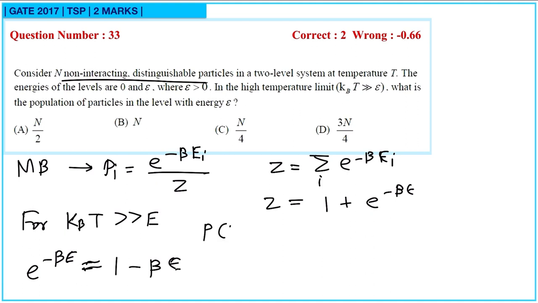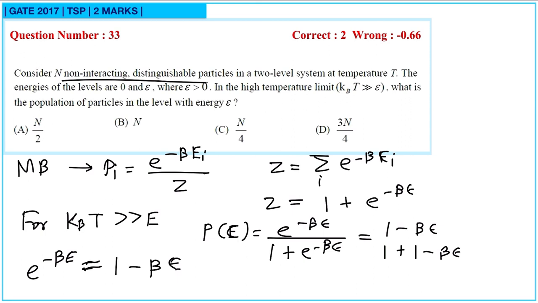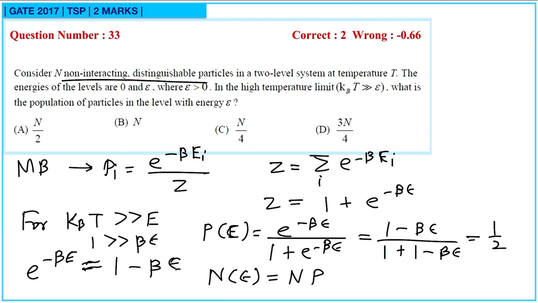So P of E will be equal to e raised to minus beta E upon 1 plus e raised to minus beta E. So this can be written as 1 minus beta E upon 1 plus 1 minus beta E. But beta E can be neglected as compared to 1. So this is equal to 1 by 2. And the number of particles in that energy level will be total number into probability, so that is equal to n by 2. So here option A is correct.